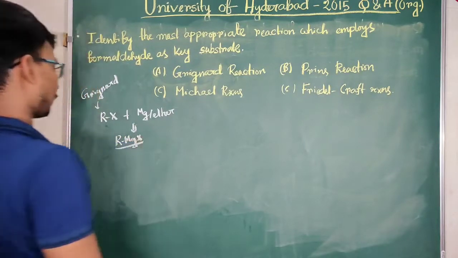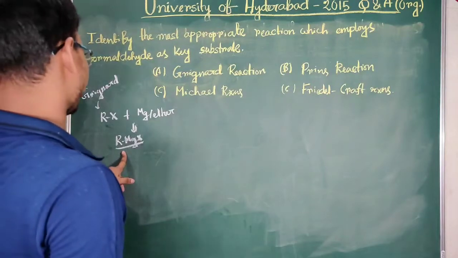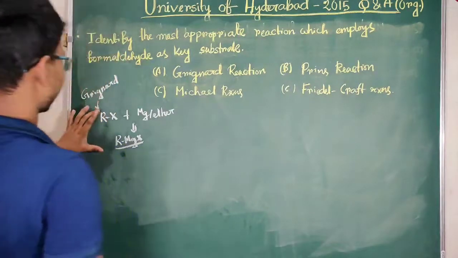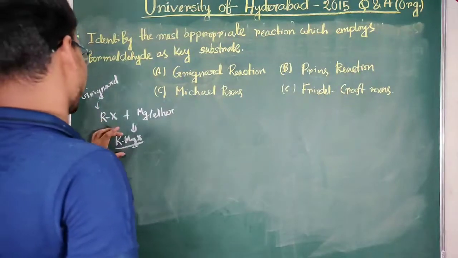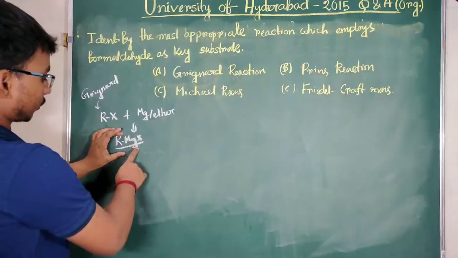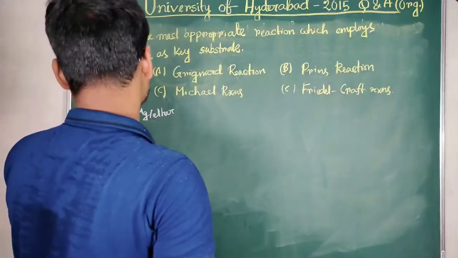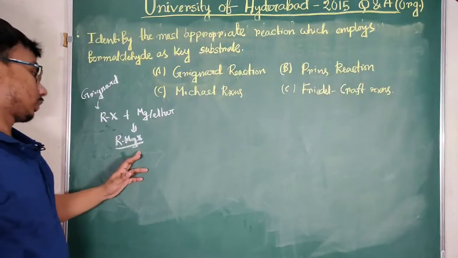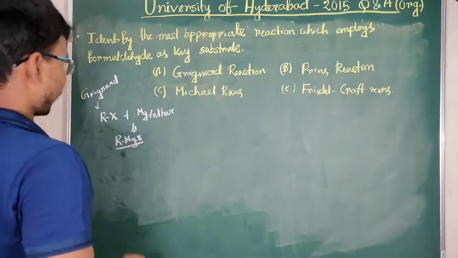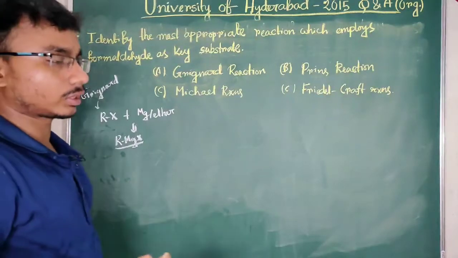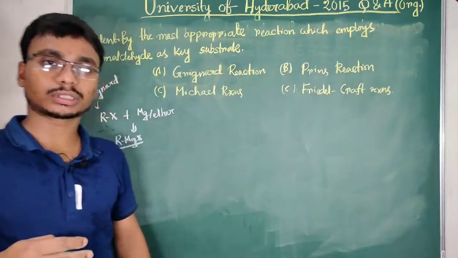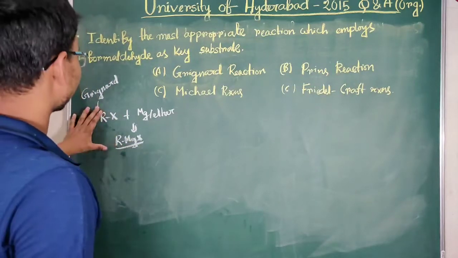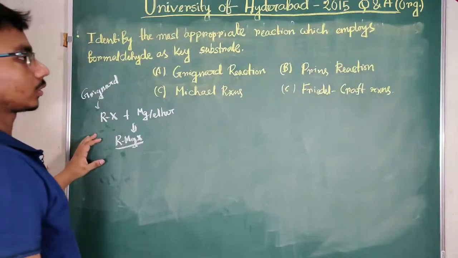It's a very popular and very useful synthesis starting material, and it's a very useful material to synthesize many compounds like acids, esters, carbonyls, aldehydes, 1 degree alcohol, 2 degree alcohol, 3 degree alcohol, and etc. But it is not the answer actually, but it's a useful starting material.